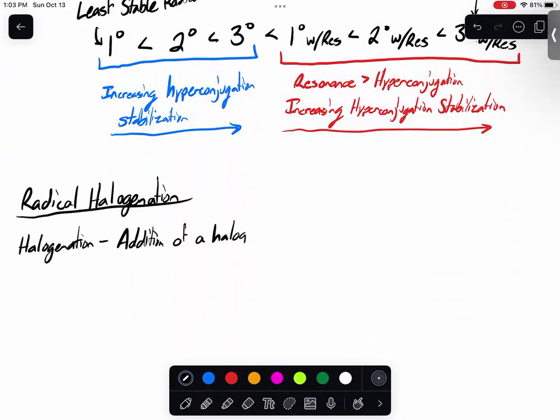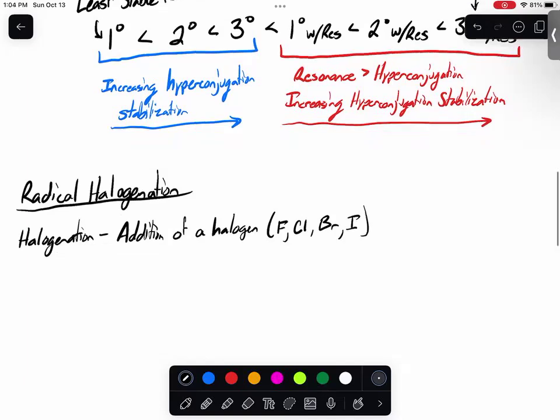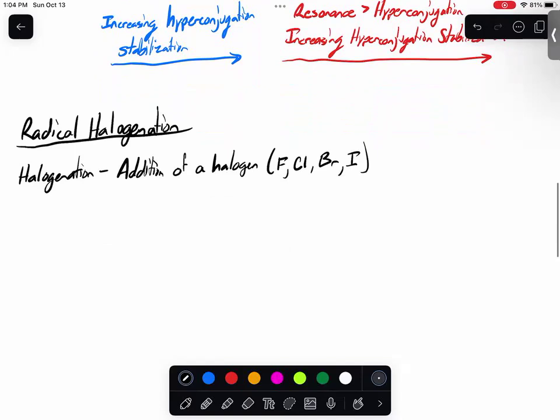And as a reminder, our halogens are fluorine, chlorine, bromine, and iodine. All right. And so we're going to do an example reaction of this looking at bromine.